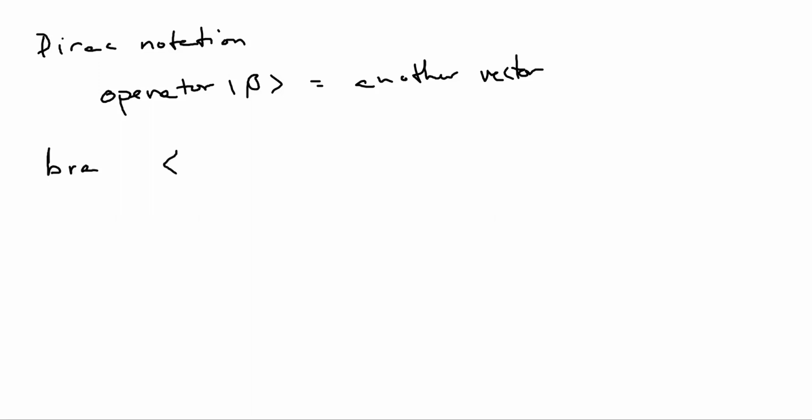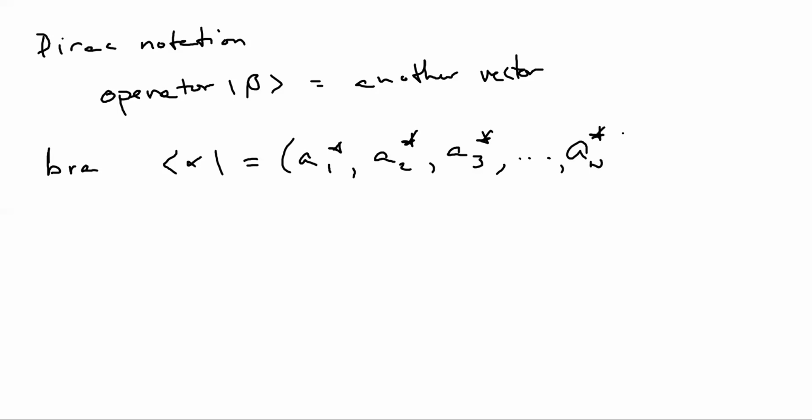So the corresponding thing, let's say we have an alpha here, is going to be a row vector or a row matrix. So you would have A1, A2, and these are all complex conjugates up to whatever nth dimension you have for that row thing, whereas the ket is your column to do the matrix algebra correctly.